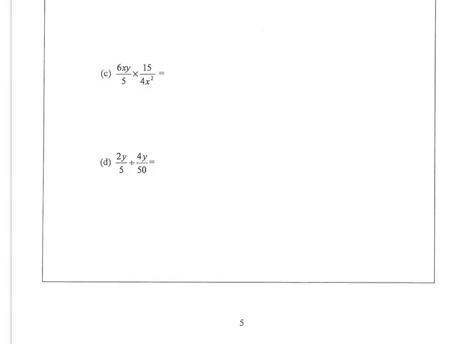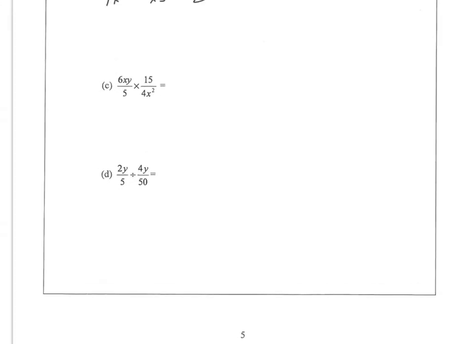Now with multiplying, you can either just multiply the top and multiply the bottom and then simplify and cancel, or you can just cancel first and then multiply. Okay, so when we multiply, 6 times 15 is 90.